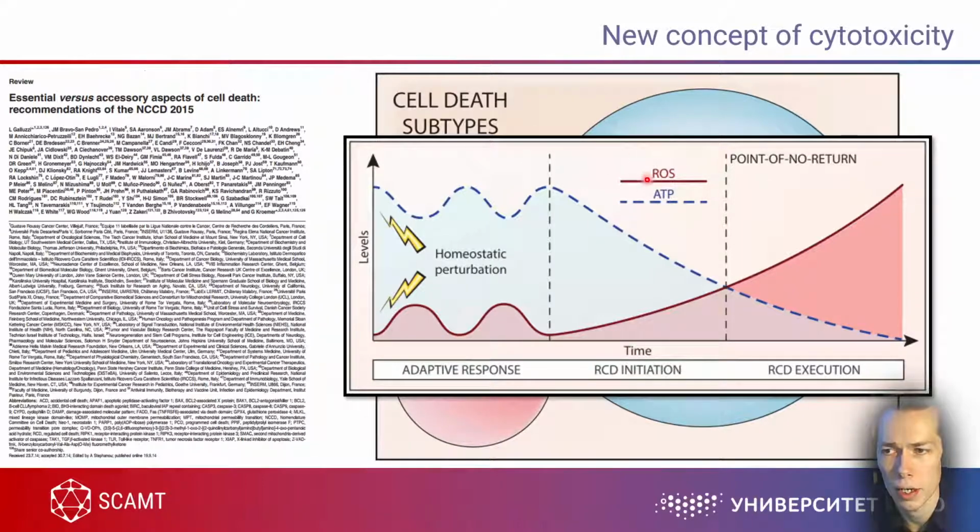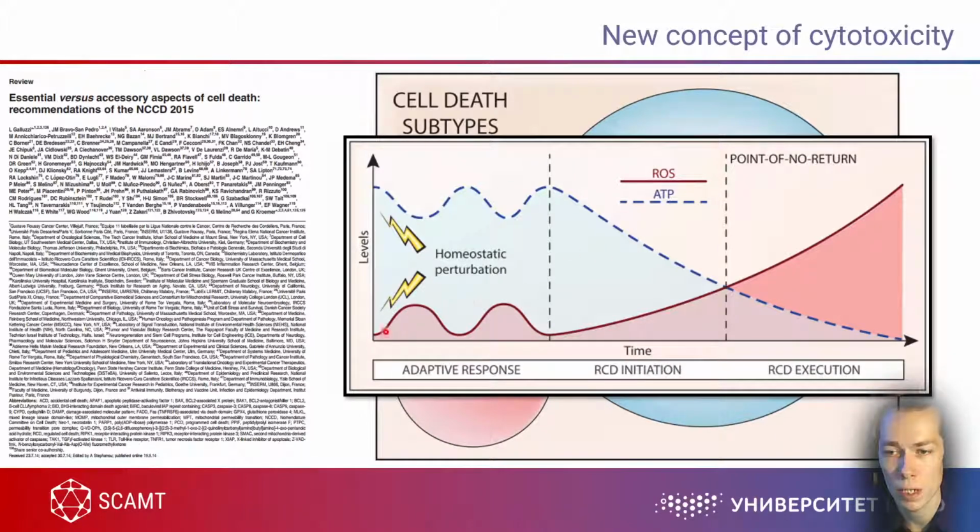So ATP is the main molecule which carries energy in our cells, and this level of ATP correlates with the probability of cell survival. So, for example, we have some homeostatic perturbation. What can be a homeostatic perturbation? It can be some drugs, it can be some nanoparticles, since we are talking about nanotoxicology. And during this perturbation, the cell can enter an adaptive response phase.